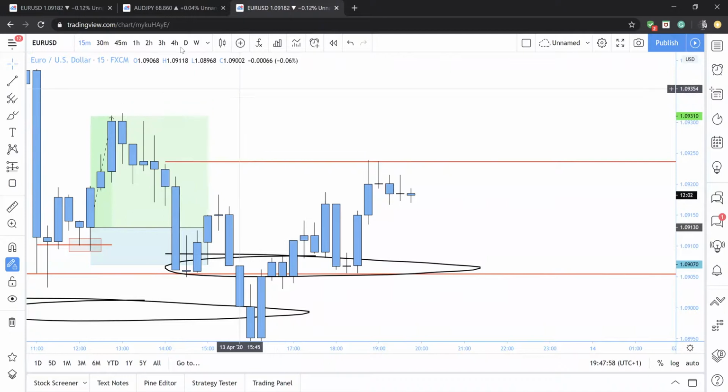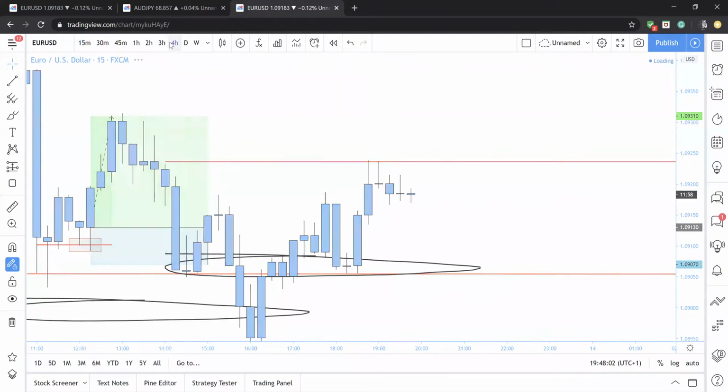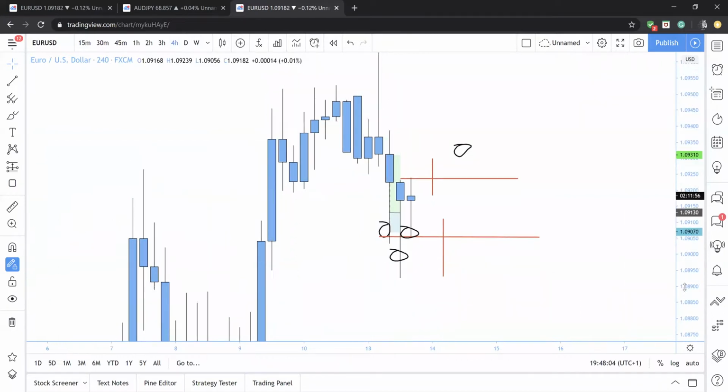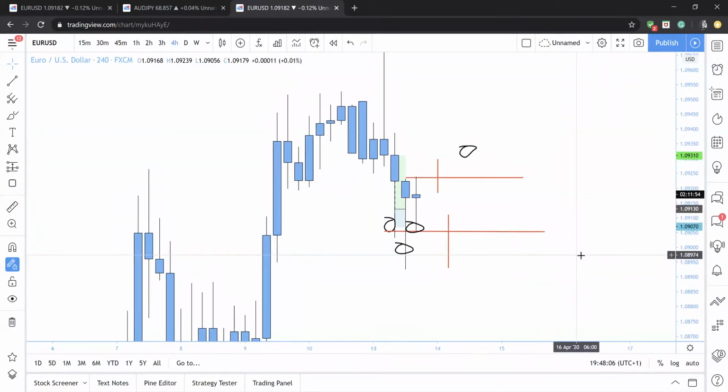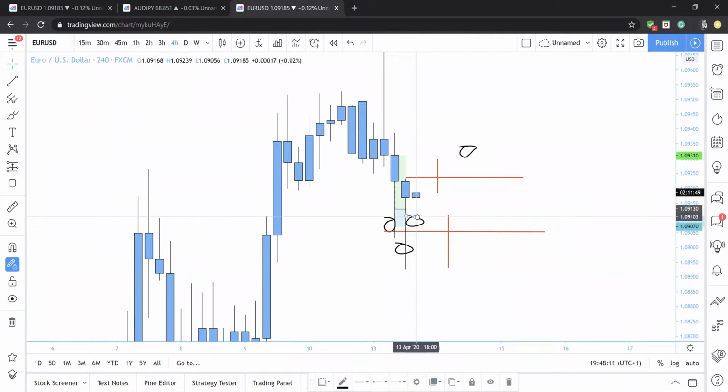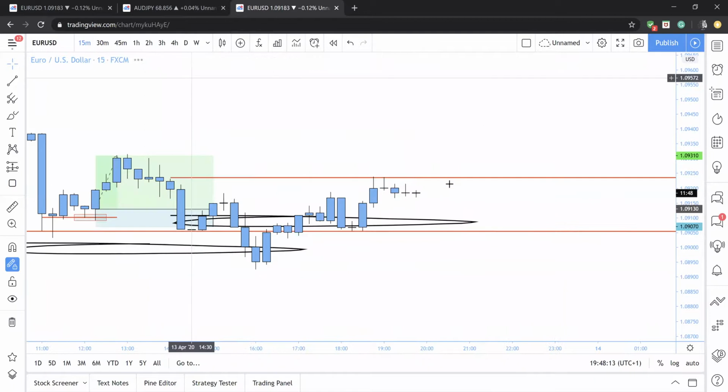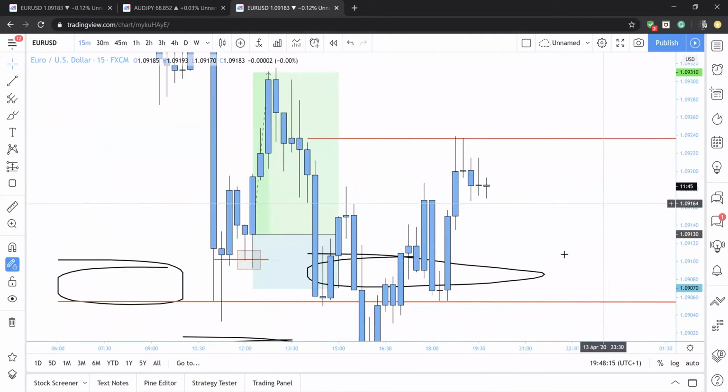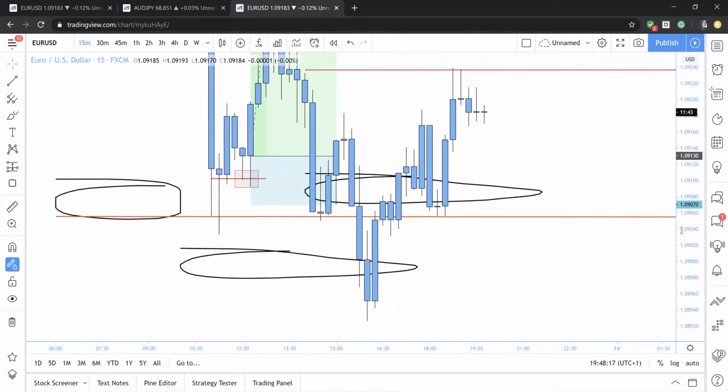Go on. It was at the 6 o'clock close, that higher low. That's what I was looking at. But as you say, it's made the range now. So 6 o'clock around here. The 6 o'clock close on the 15-minute. That higher low. This here.